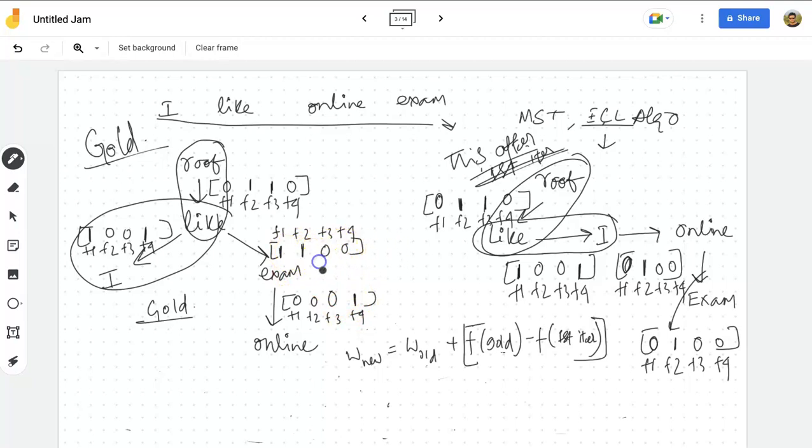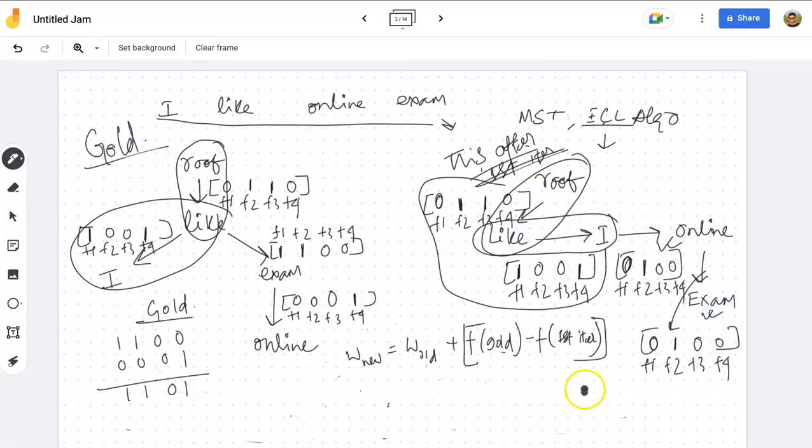If you take this edge and this edge, the weight of this is 1 1 0 1 and this is 0 0 0 1. So the total weight of this is 1 1 0 1. And what will be here? This part is already taken care of, just this one and this one. So this will be 0 1 0 0 and 0 1 0 0. It will be 0 2 0 0.